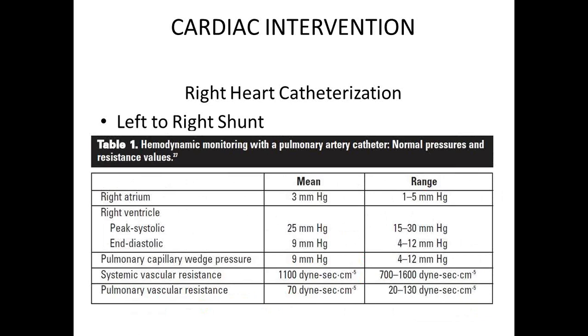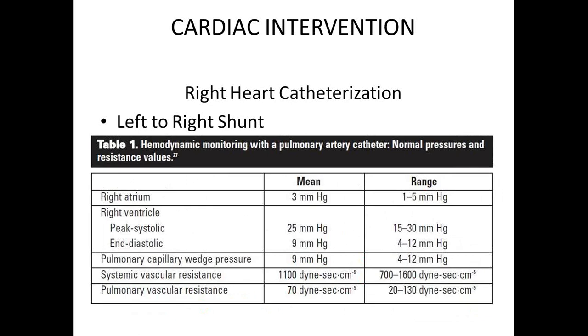Vascular resistance is a very important test that we do, because your vascular resistance will tell you the resistance, or the load, that each ventricle is looking at. So for the left ventricle, we talk about the systemic vascular resistance.